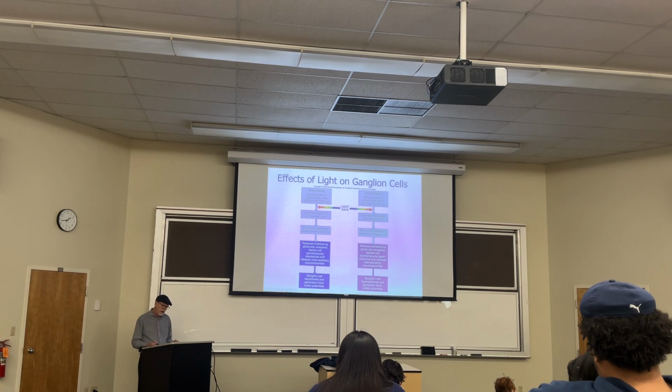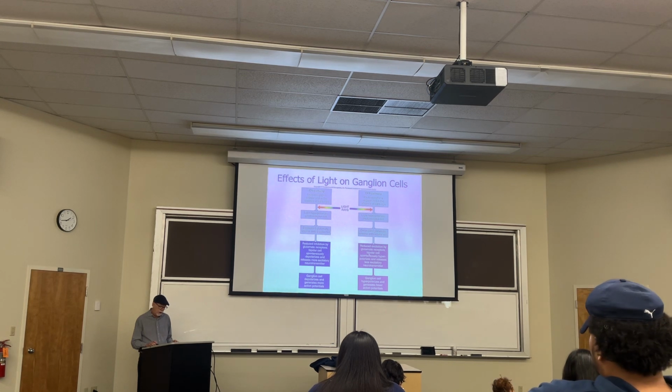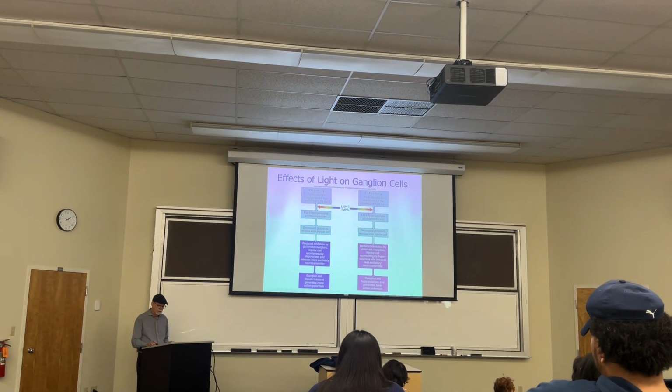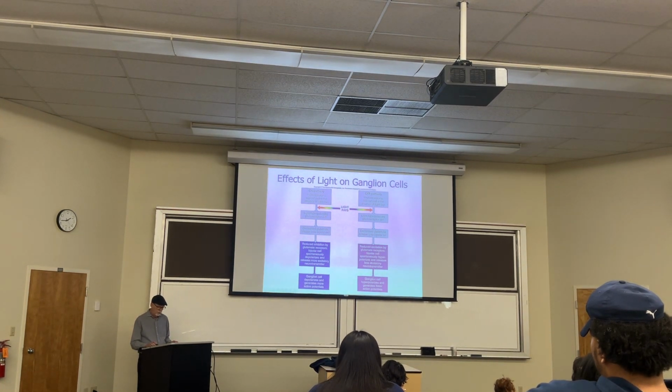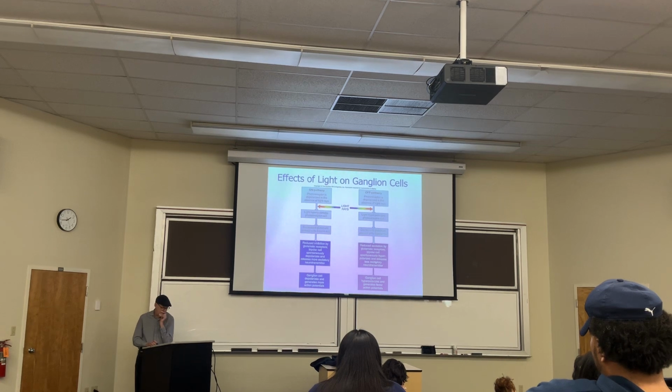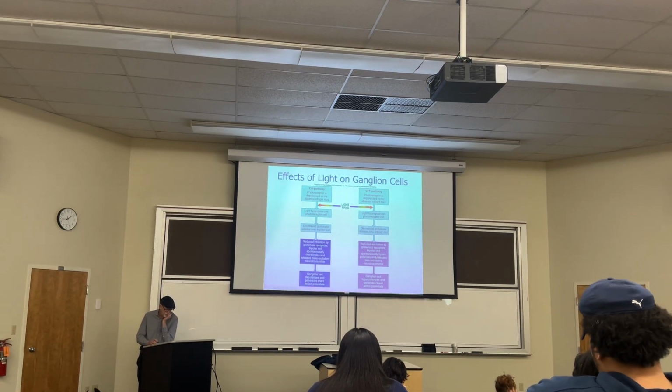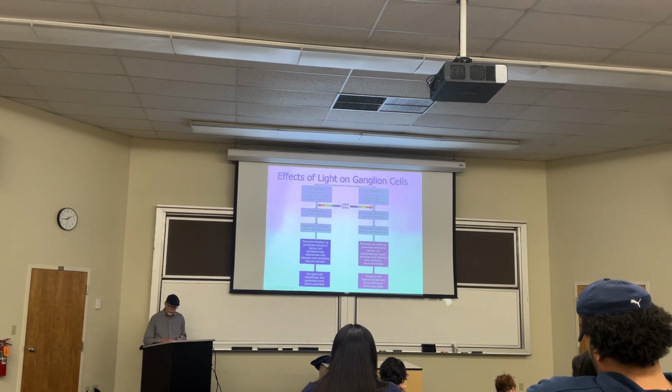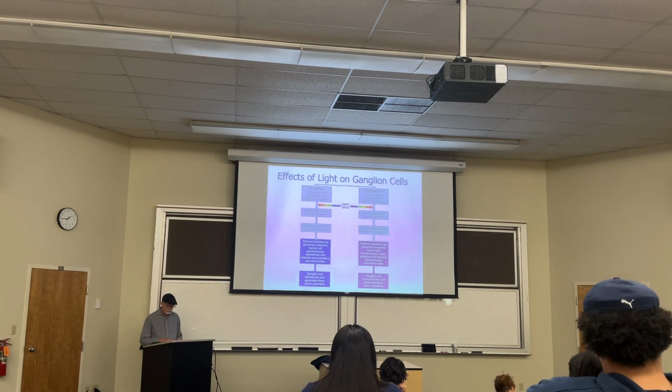So when you get light hitting on this pathway, you will have decreased glutamate released, and in that case, you'll reduce your excitation, not your inhibition. And so you will hyperpolarize these cells, and you will then get fewer action potentials.